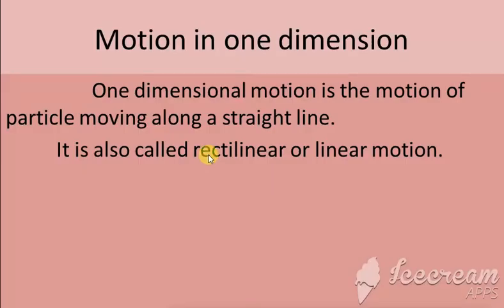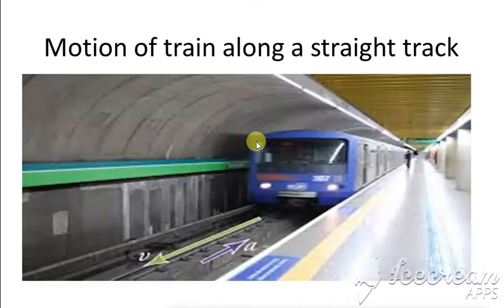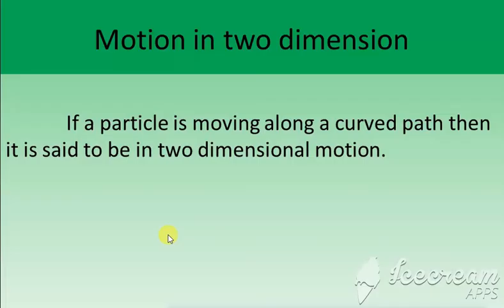One dimension is moving along a straight line. So it is a linear motion. If any object is moving in a linear motion, that also comes under motion in one dimension. The example is a straight track: the motion of a train along a straight track. Next is two dimension, if the particle is moving in a curved path.